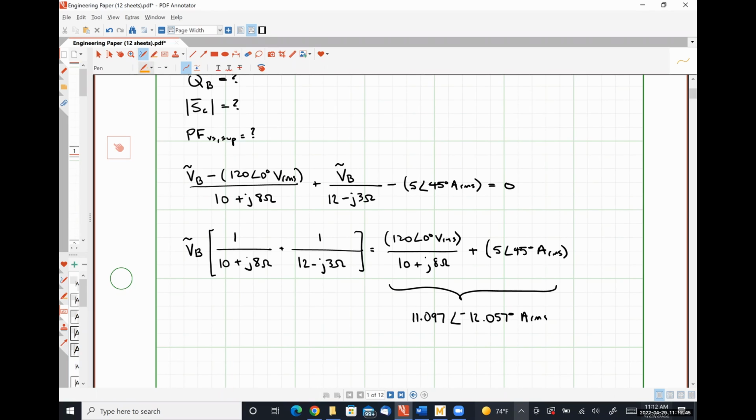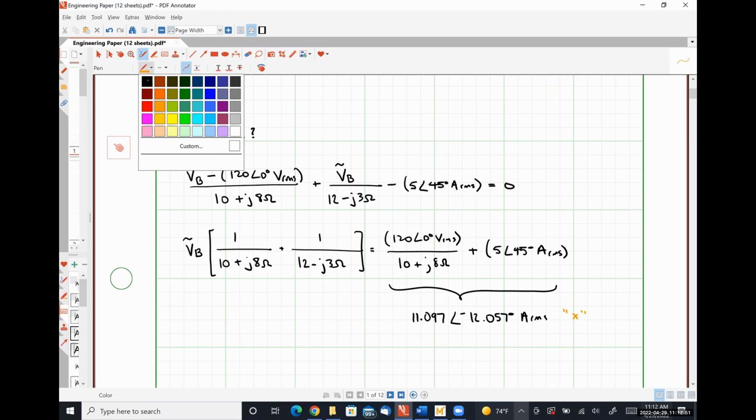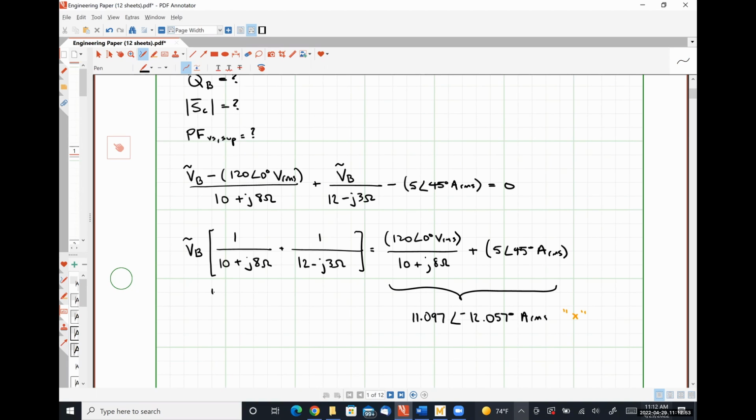And I'm just going to make a mental note here that I'm storing this in my calculator as X. I'm going to call this coefficient here, so that's 1 over 10 plus 8i plus 1 over 12 minus 3i.